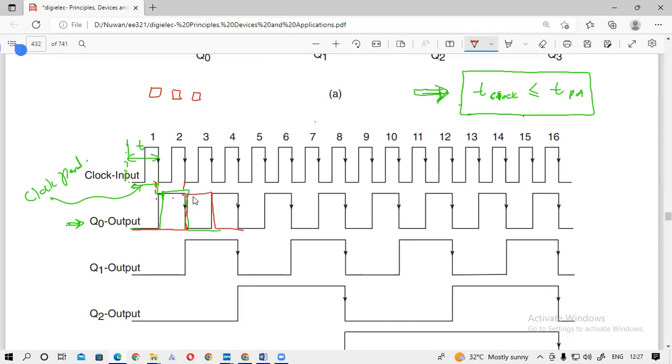So you can see that at this point this Q0 value is supposed to be 1. So this is 1, no? But if you consider the delay, now the value is 0. So there is a bit error.